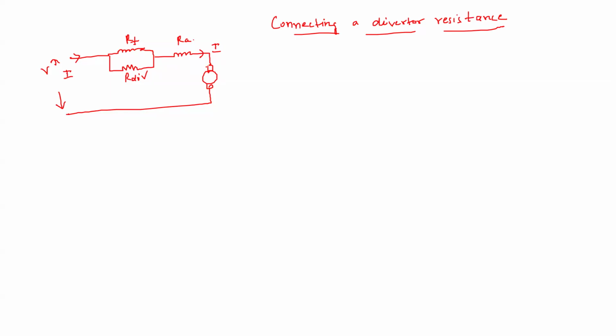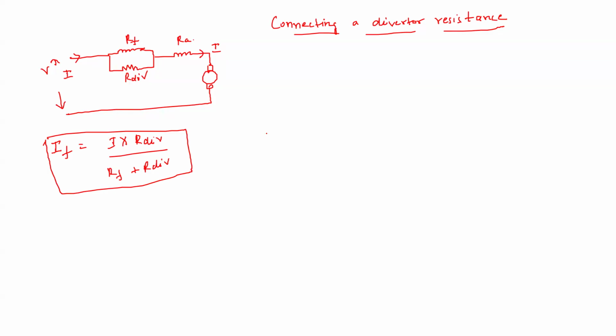So here what happens is, first of all, what is the current which is flowing through this field winding now? You will see that the current which is flowing to the field winding can be found using current division in these two parallel connected resistances. So it will be equal to this value, okay.